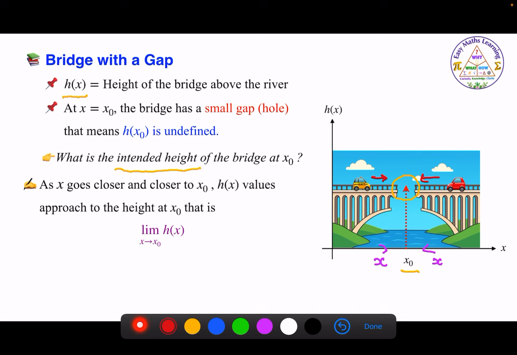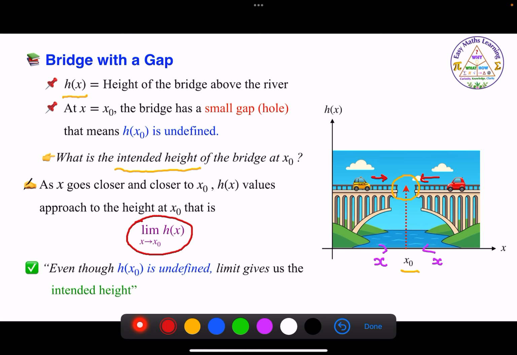Okay, and in terms of limit, we can write limit x tending to x naught h(x), and this value will be the height at x naught. Okay, so in this example, even though height at x naught, that is h(x naught), does not exist, the limit gives the intended height of the bridge at x naught.